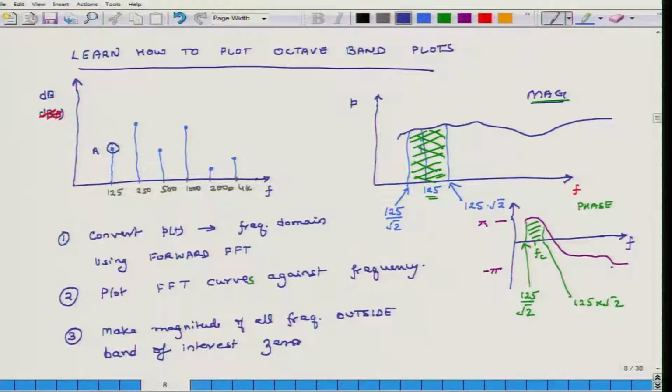So, we make all other frequencies 0. What I am going to do is modify this magnitude plot. So, my modified magnitude plot will look like this.